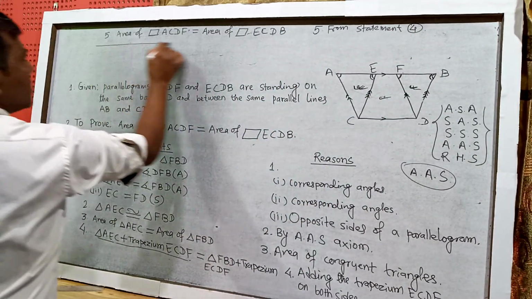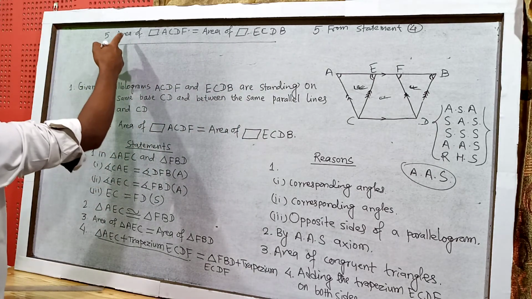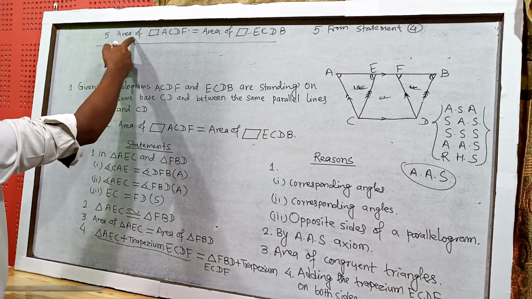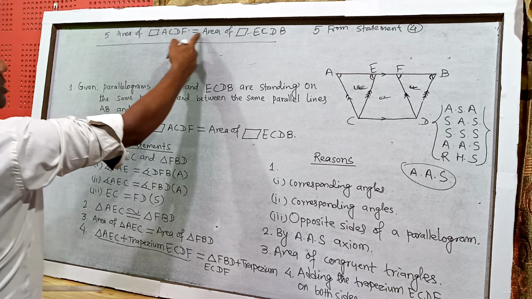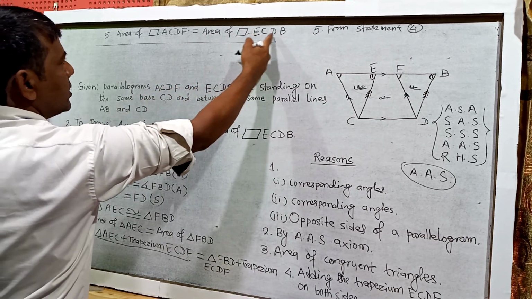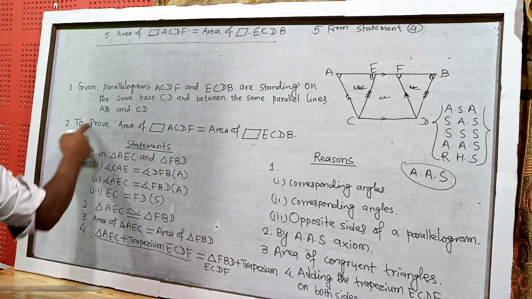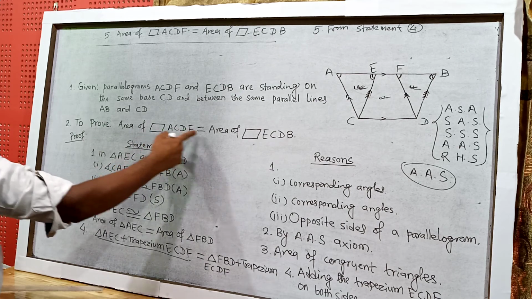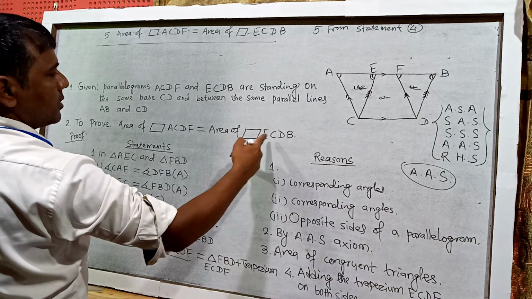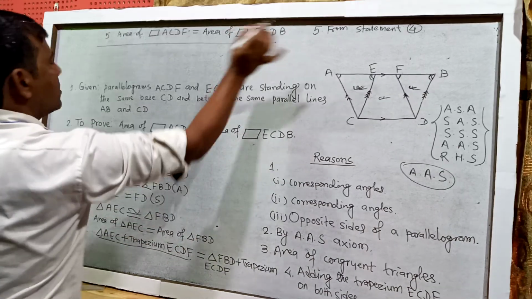Now it is proved. We proved the area of parallelogram ACDF equals area of parallelogram ECDB. It is proved.